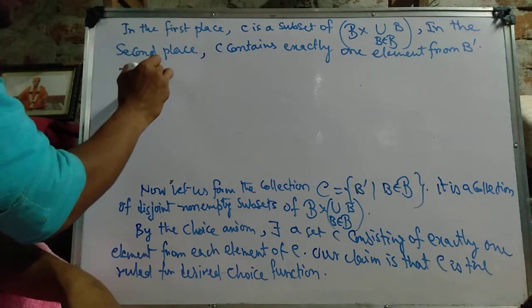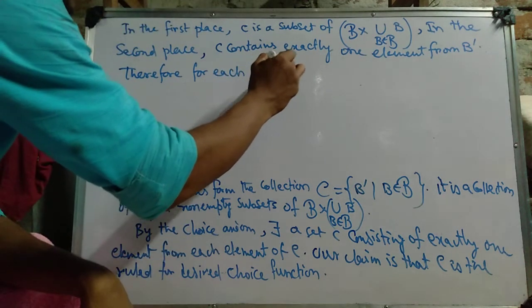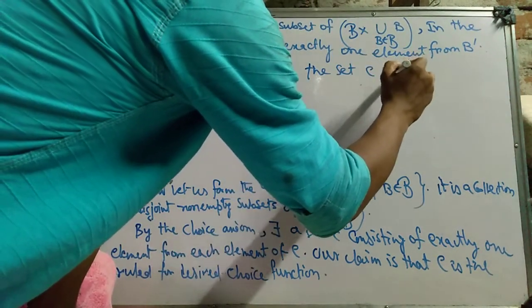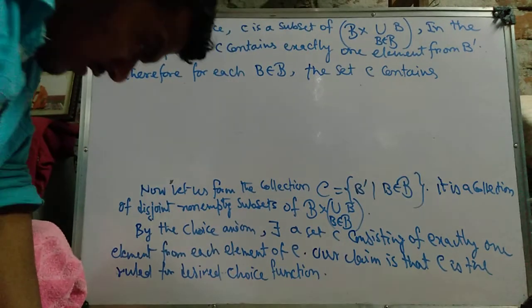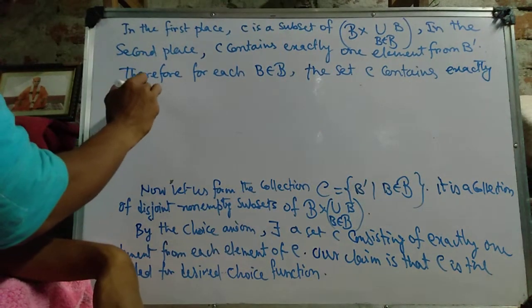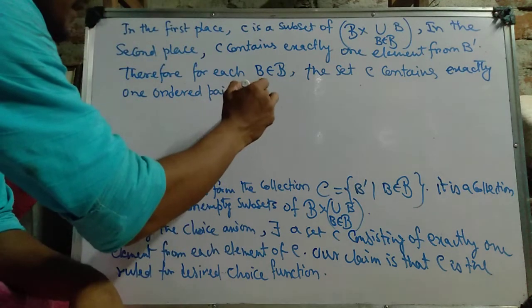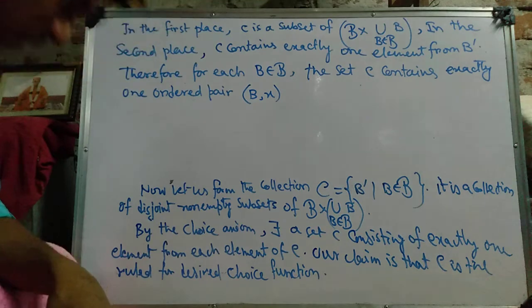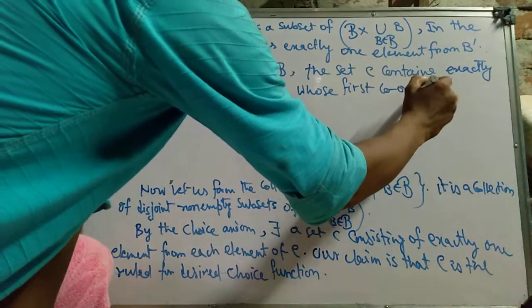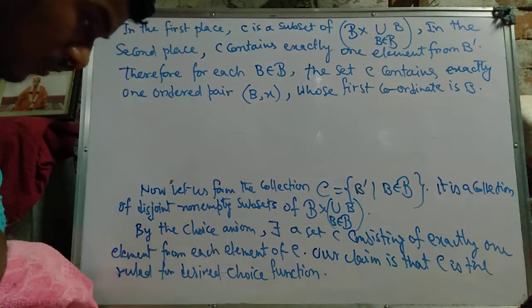Therefore, for each B belongs to script B, the set C contains exactly one ordered pair (B, x) whose first coordinate is B.